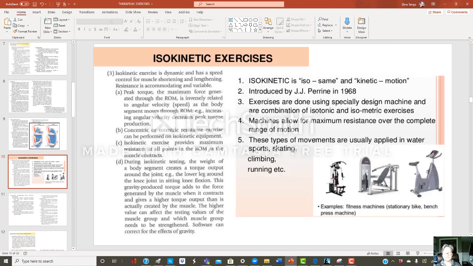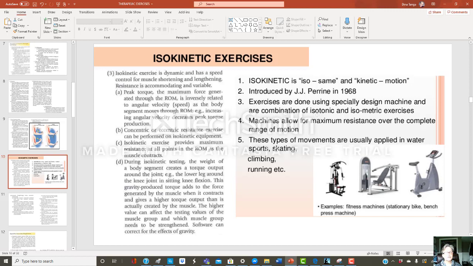Isokinetic exercise. Isokinetic exercise is dynamic and has a speed control for muscle shortening and lengthening. Resistance is accommodating and variable. Peak torque.